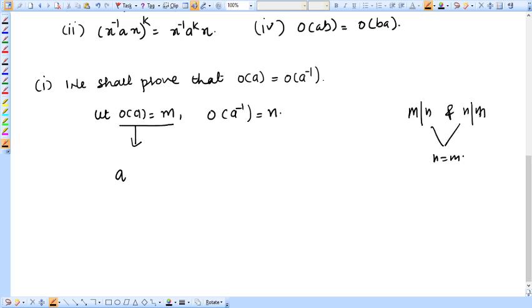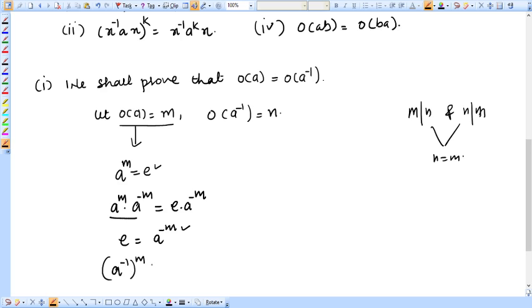So if order of A is equal to M, this means A power M is equal to E. If I multiply both sides with the inverse of A raised to power M, which is A raised to power minus M, we get the identity element here, and here we are going to get minus M. Now it can be rewritten as A inverse power M is equal to identity.